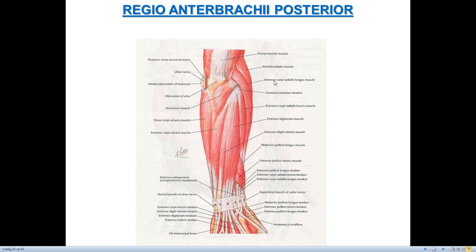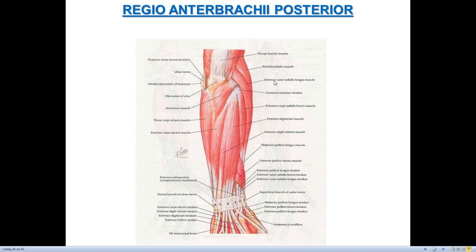Posterior region. Muscles here in the posterior region rest in two layers, superficial and deep.